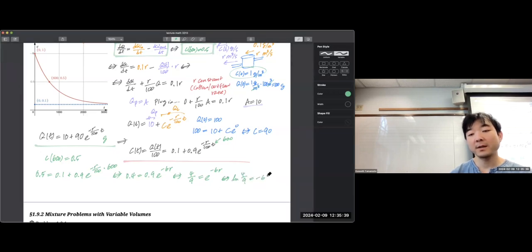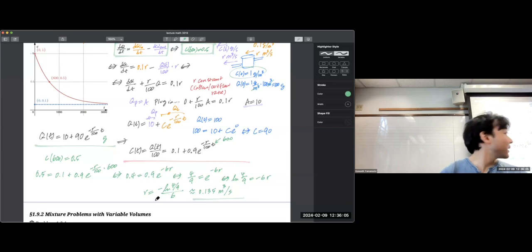So your R is going to equal negative ln of 4 over 9, divided by the 6. That is just going to be some decimal. You get like 0.135 meters cubed per second is the rate that you'd want for the tank.